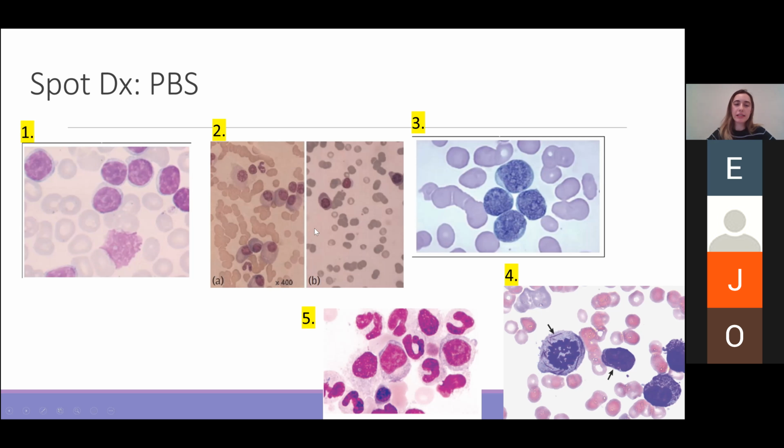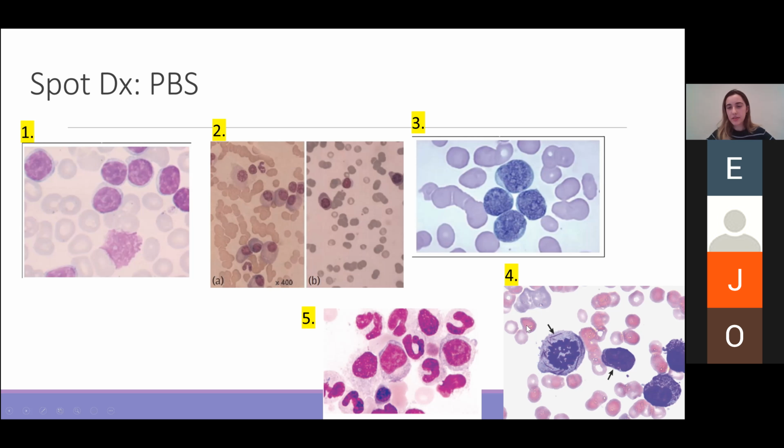This one is both a peripheral blood smear and one from a bone marrow biopsy, or aspiration, sorry. So the most important finding are these stacks of coins, which are called rouleaux. So rouleaux, yeah, so this is a multiple myeloma one.